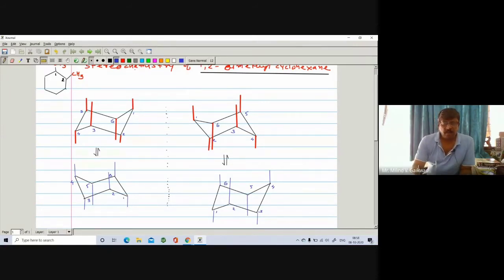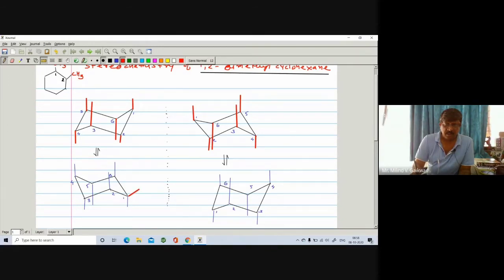Now we have seen that when ring flipping takes place, the axial bond becomes equatorial. So this equatorial bond on carbon number 1 will be parallel to C2 C3. So you have to draw just a parallel line like this one.